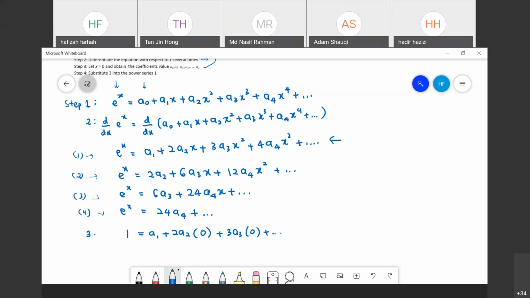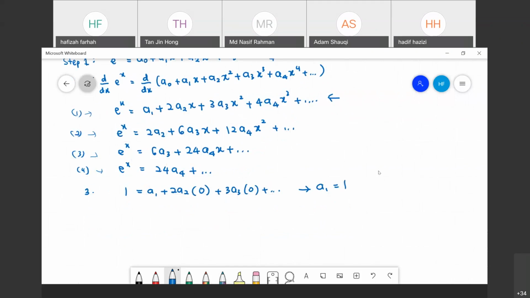So our a1 now becomes 1. Next, substitute into 2. We have 1 equals 2a2 plus 6a3 times 0. So our a2 now equals 1 over 2.